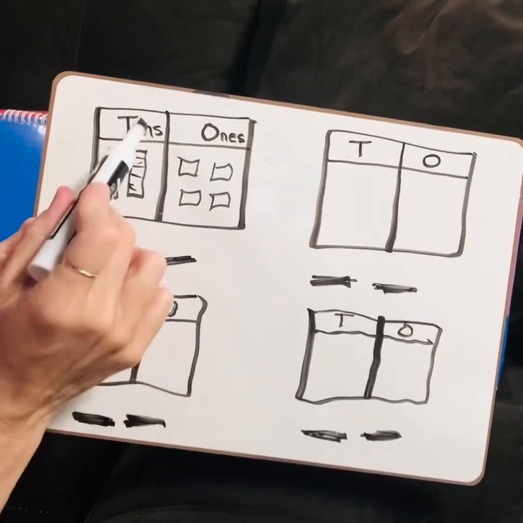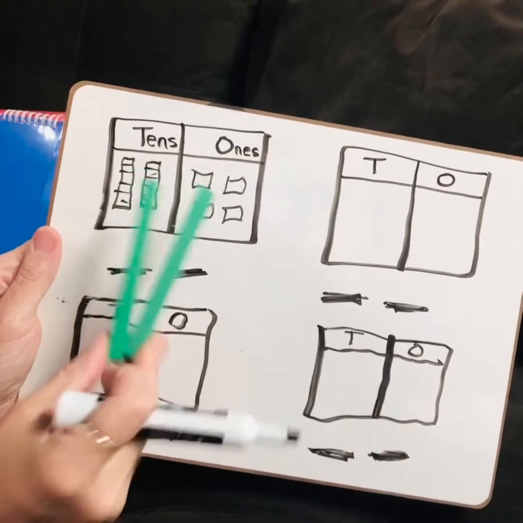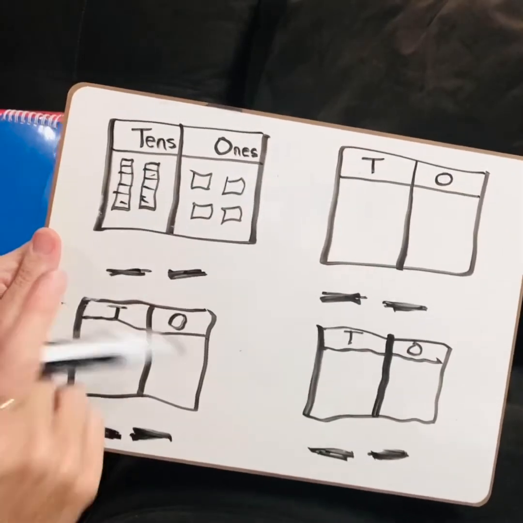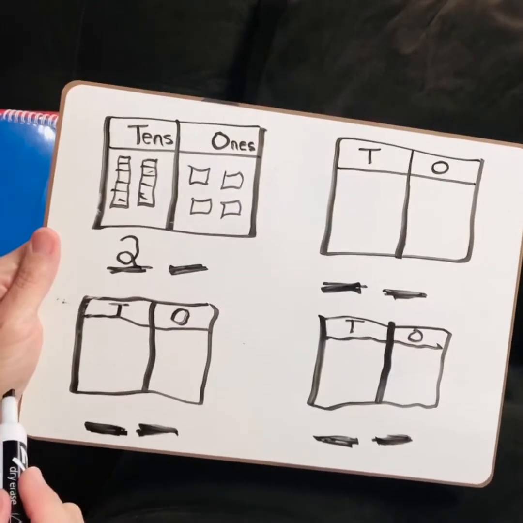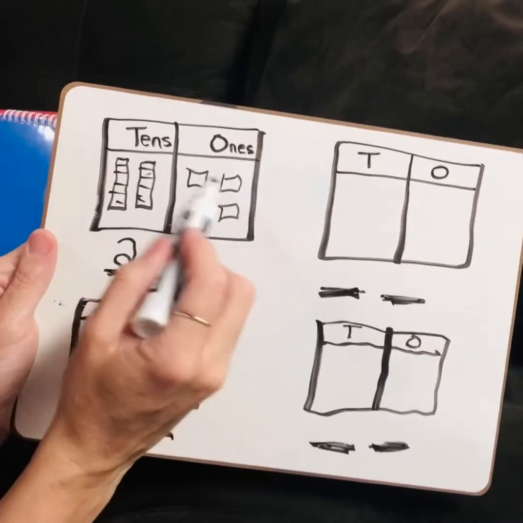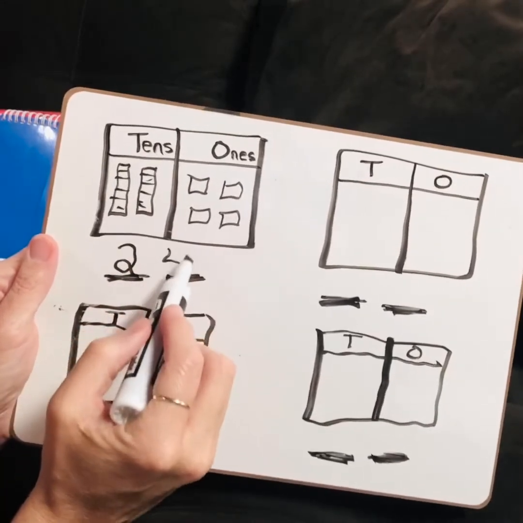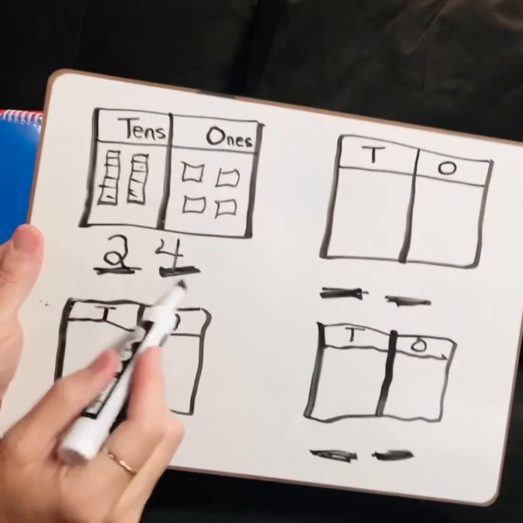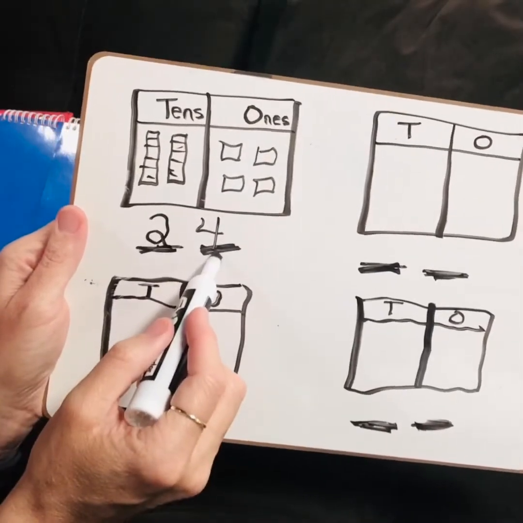So how many 10s do I have? Well, it looks like I have 2 10s. 1, 2. So in this first line, I am going to put a 2. How many do I have here? 1, 2, 3, 4. When I look at that number, I see a 24.